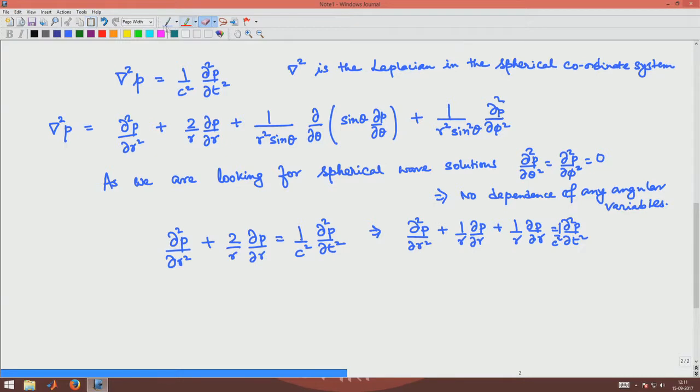If I multiply throughout by r, I get r ∂²p/∂r² + ∂p/∂r + ∂p/∂r again is equal to 1/c² times the same, and the r multiplication here can be carried within the differentiation process.